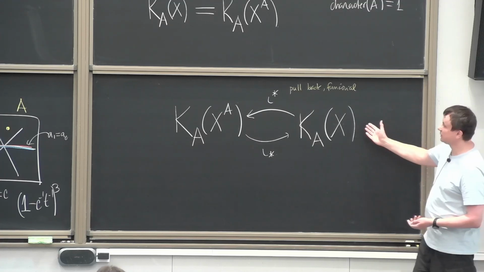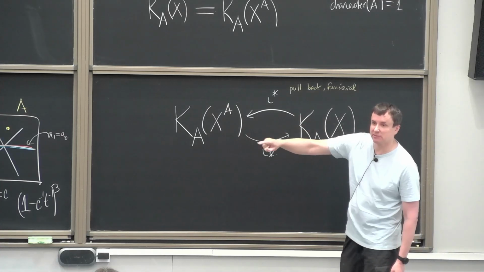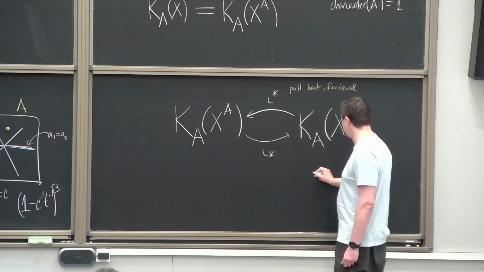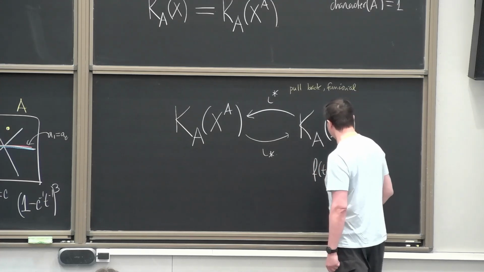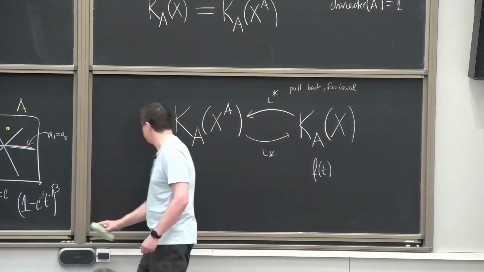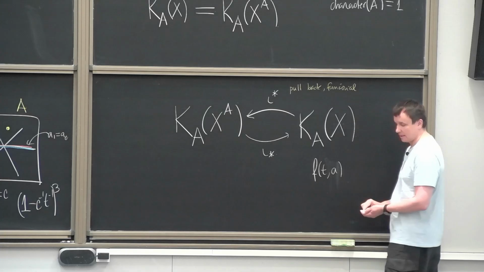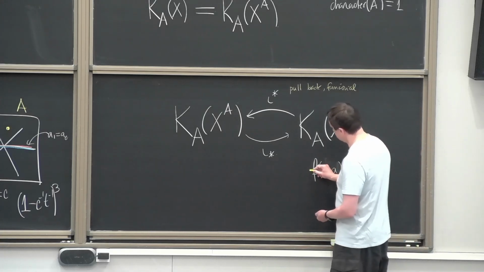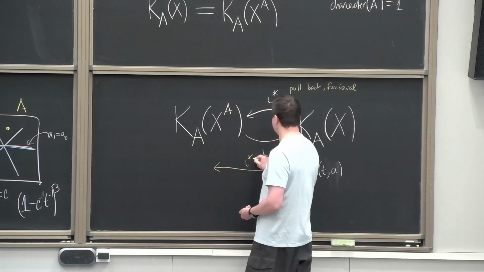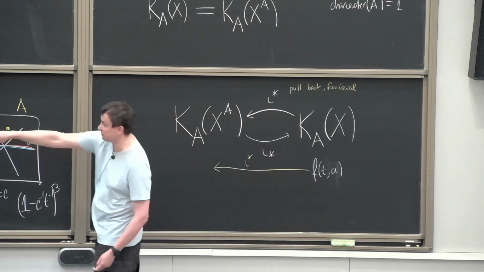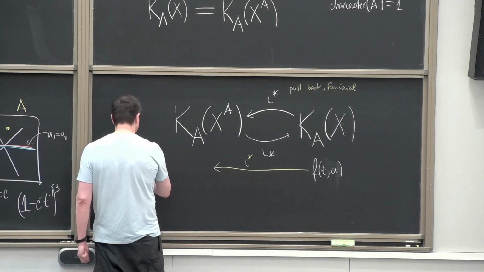What does this map do concretely? In this example of projective space, if I have some polynomial of t with coefficients in A, then in the pullback map, what I do is substitute t.